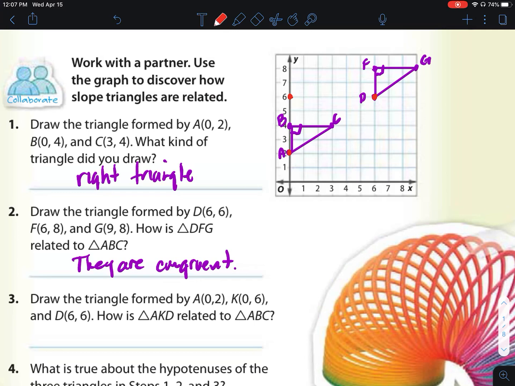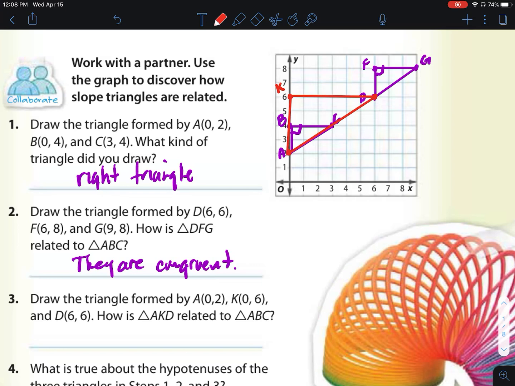Now if we draw that triangle, that is the triangle formed by A, K, D, because this is point K right here. So that's triangle AKD.